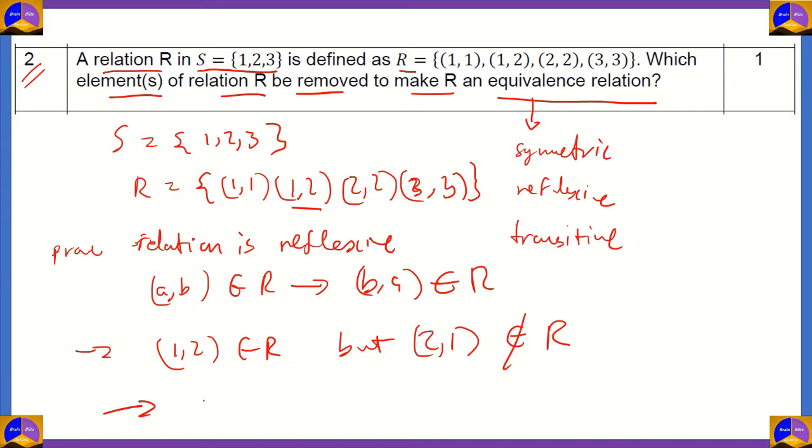So we must remove (1, 2) in order to make this an equivalence relation. If you write (1, 2) as the element to be removed, then your answer will be correct. And this is how you can prove it.